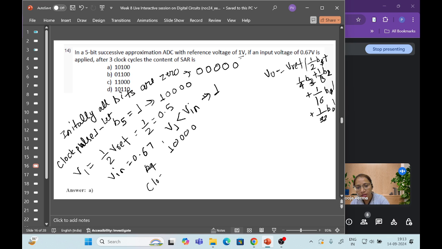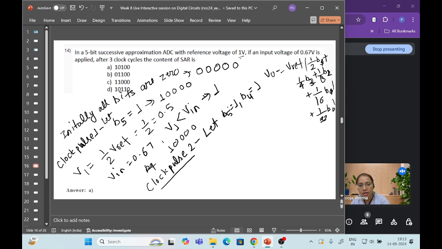For the next clock pulse, clock pulse 2, we have already checked that V5 is 1. Now we check for V4 whether it is 1 or 0. Now assume that V5 and V4 both are 1.